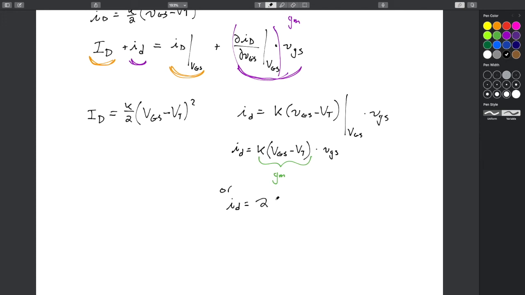We'll get 2 times ID over VGS minus VT times vgs. Also gm. These are equivalent terms. So depending on what inputs or outputs you know or have, you can use this one or this one.